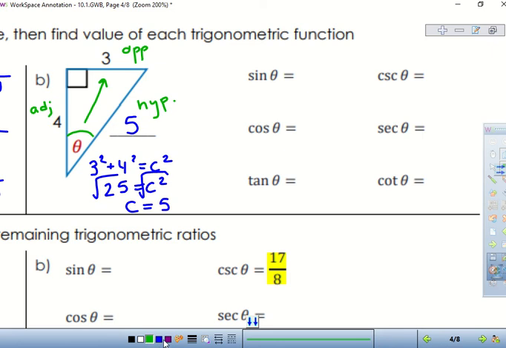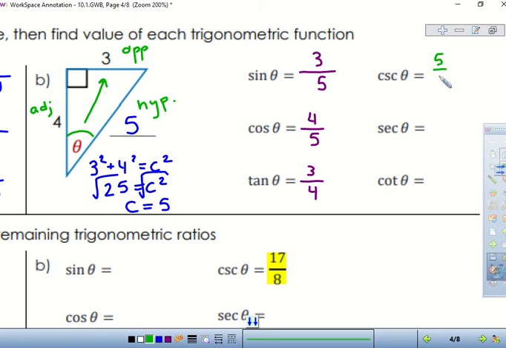So now that we have all of that, we're ready to set up our ratios. Sine is opposite over hypotenuse. Cosine is adjacent over hypotenuse. And tangent is opposite over adjacent. Now moving on, we are just going to take our reciprocals.